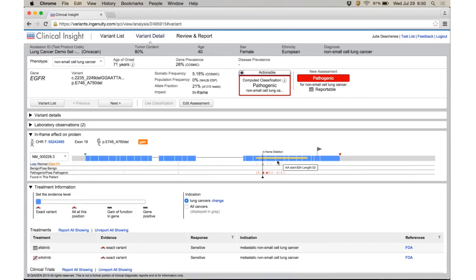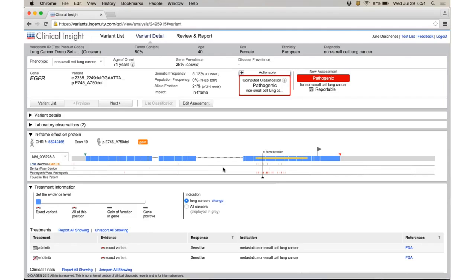The yellow line is the critical domain of EGFR, so you know that this variant is within a critical domain. The little red lines are all other variants that have been observed in the literature, in the knowledge base that we have for EGFR, that are pathogenic. So you can quickly see whether your variant is within a hotspot of variation, for example, that is recognized to be pathogenic.